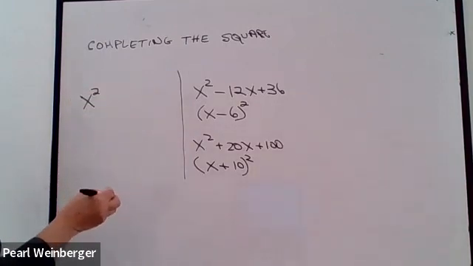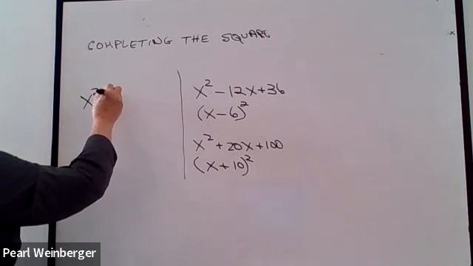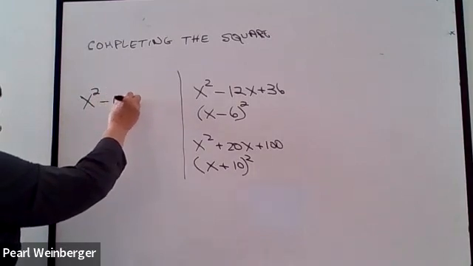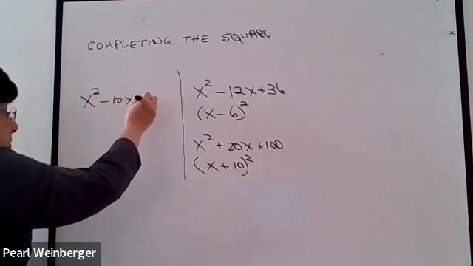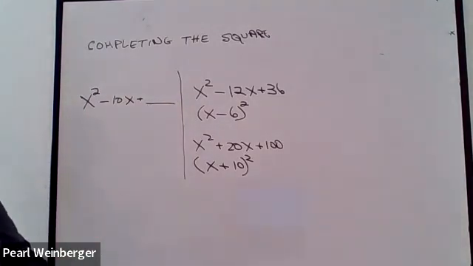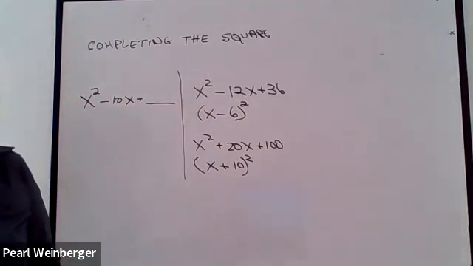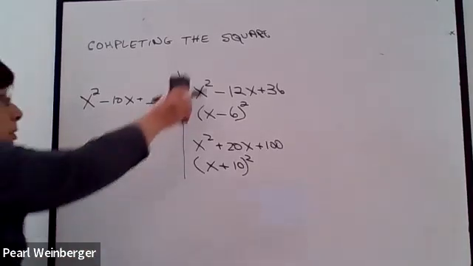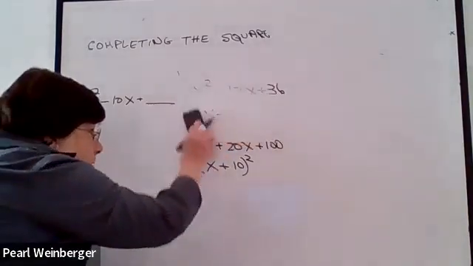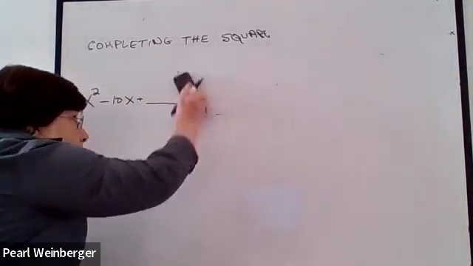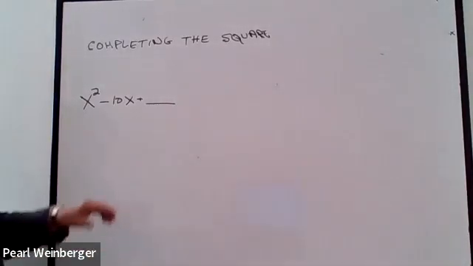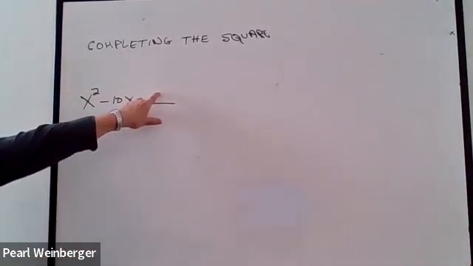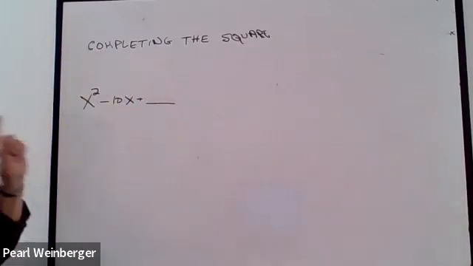Suppose I had x squared minus 10x, and then there's a plus and there's a blank. I'm only giving you two terms of the trinomial. What number would we need to have over here in order for this to be a perfect square?